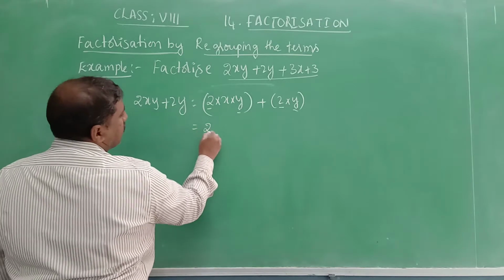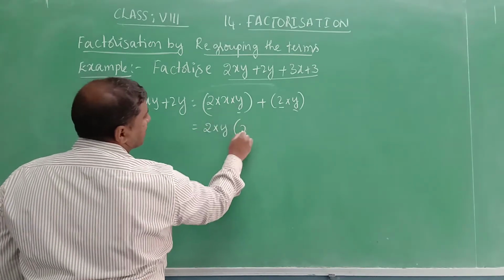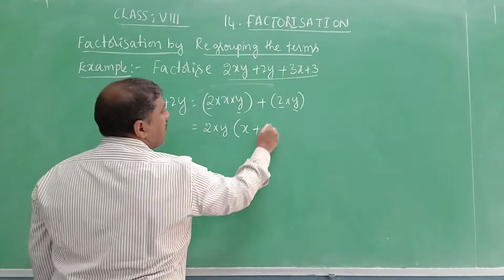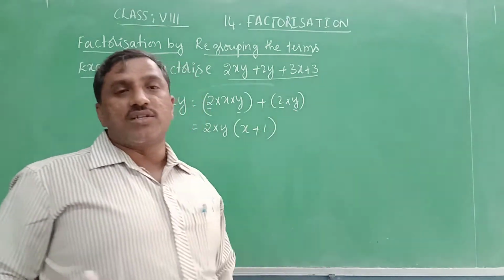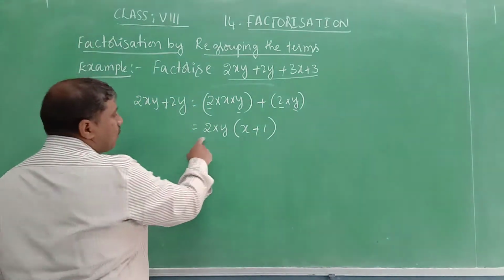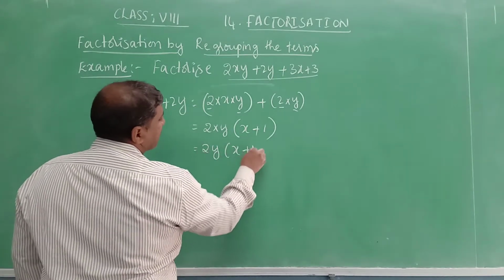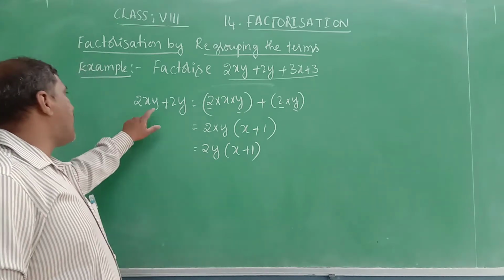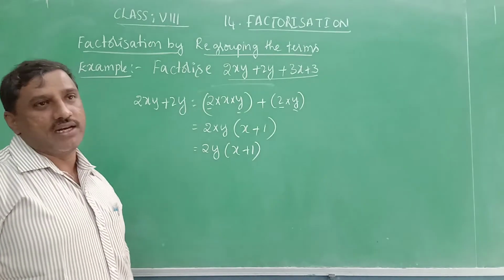That is 2 into y into what is left? x plus, everything is taken common, then what will be there? 1. 1 into anything is the same, so we get 1 into 2y, which is 2y. So now we got 2y into x plus 1. So the common factors for 2xy plus 2y are 2y and x plus 1.